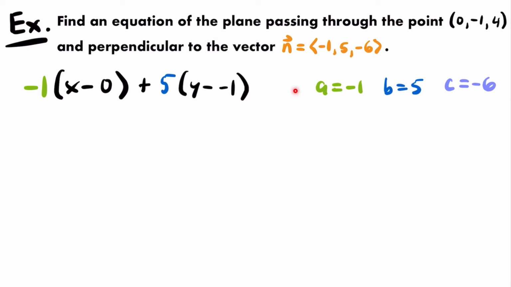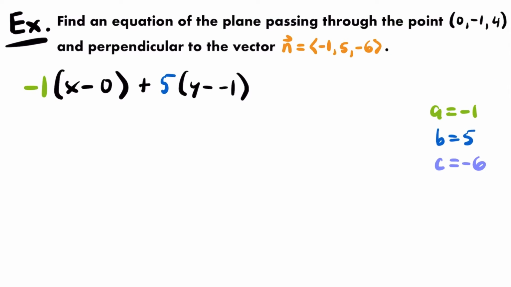And I'm going to need more space here, so I'm going to move these numbers a little bit. And the next part of our equation will be plus c times z minus z1, and c is equal to -6, so let's replace that. In fact, we can just write -6 times this quantity, so we will have -6, and then z1 is the z-coordinate from our point, which is 4, so I will replace z1 with 4.